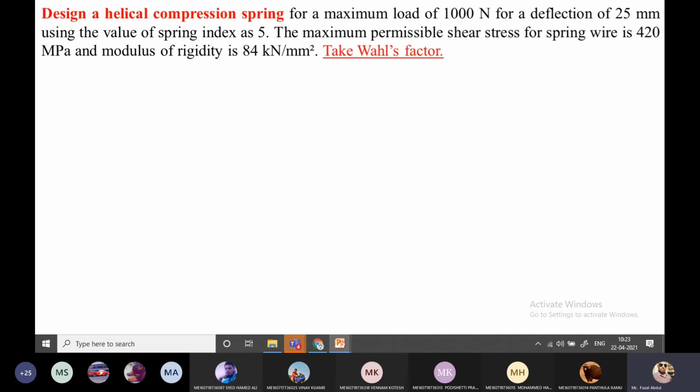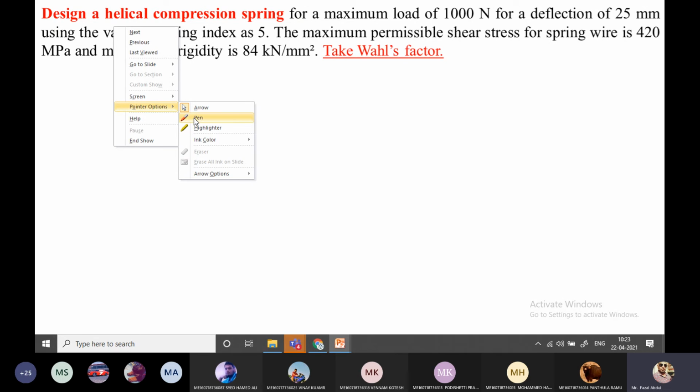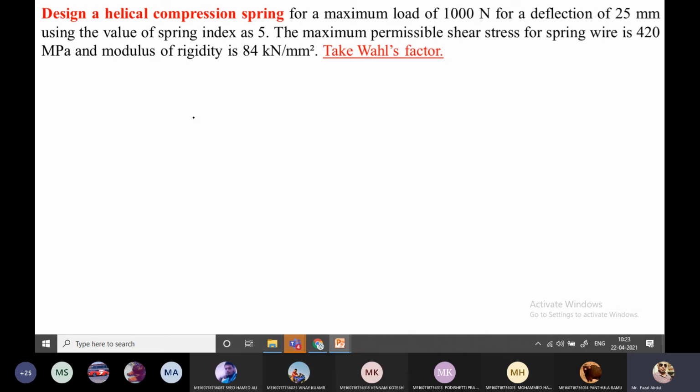Okay, now see, this is another question. Design a helical compression spring for a maximum load of 1000 newtons. So first I am writing the given data. Given data: maximum load W is 1000 newtons, and deflection is given as 25 mm.